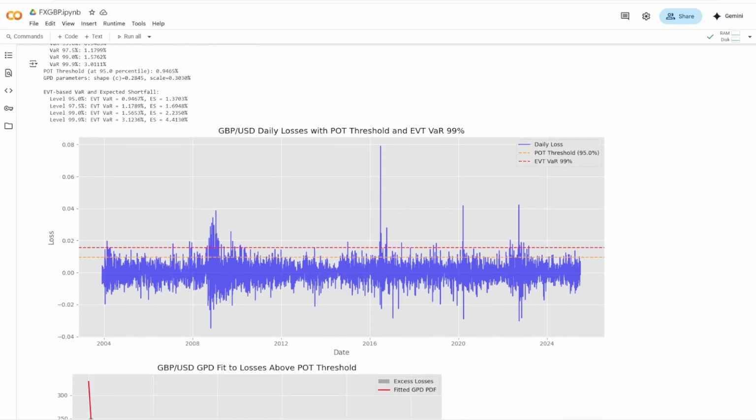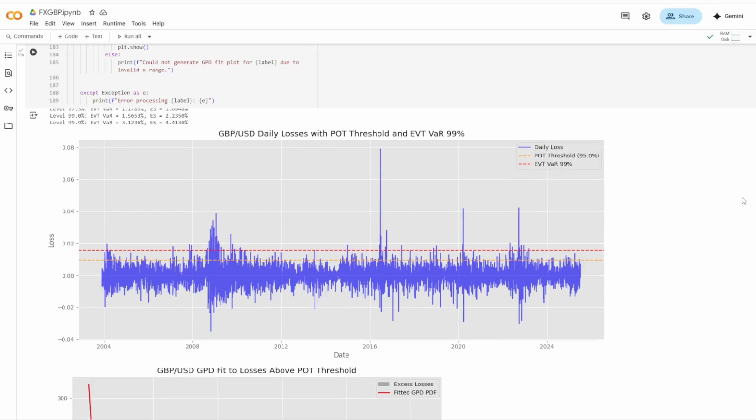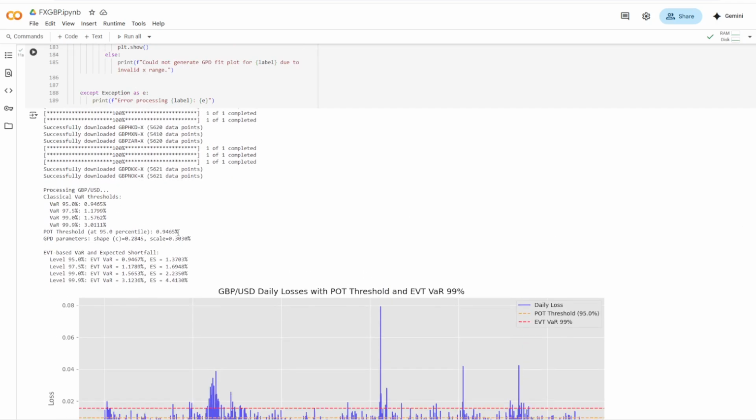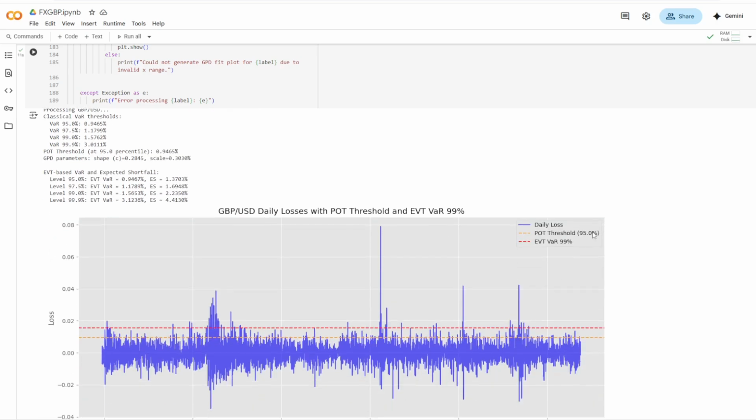For that matter, we have the value at risk parameter, but we also have a theory which supplements the value at risk, which is the EVT, not electric vehicle, but extreme value theory, which incorporates the GPD Pareto distribution and the POT threshold, which is not pot threshold.